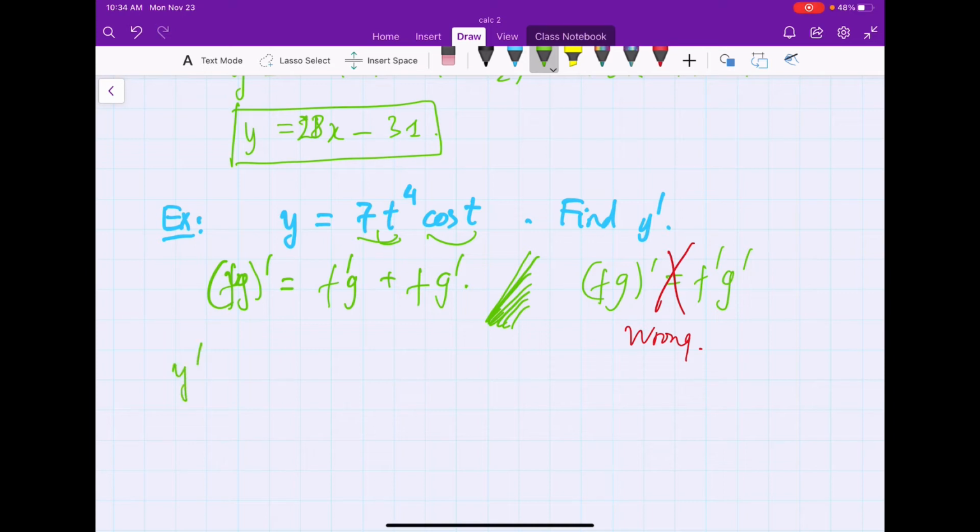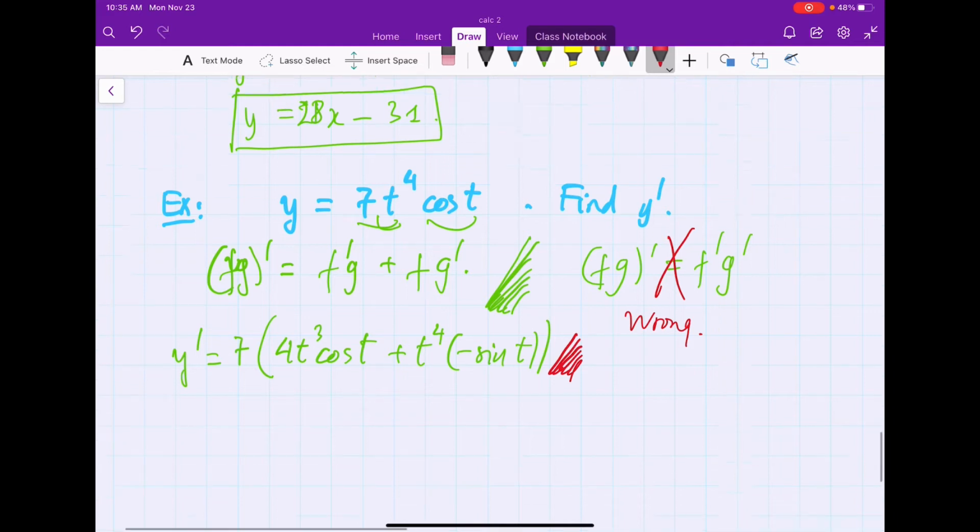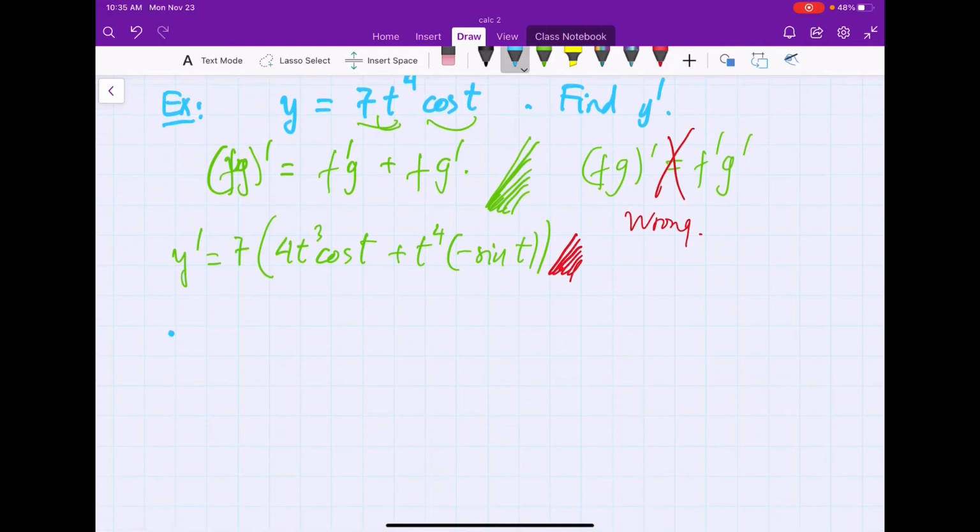So I write y prime equal to 7, I can take that out, times t to the 4 derivative is 4t cubed times cosine t plus t to the 4 times derivative of cosine, which is negative sine t. As I mentioned several times, I accept this solution. You don't need to simplify that if you are not asked to. Okay? So we're done with this problem. Let's move to the next one.